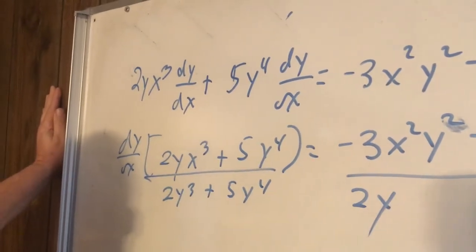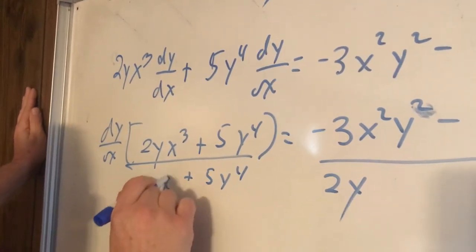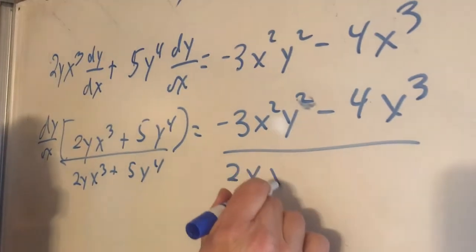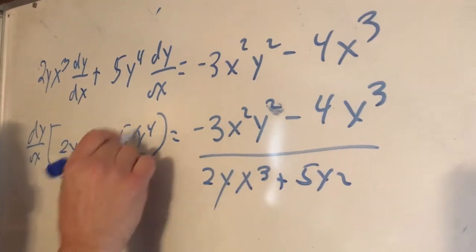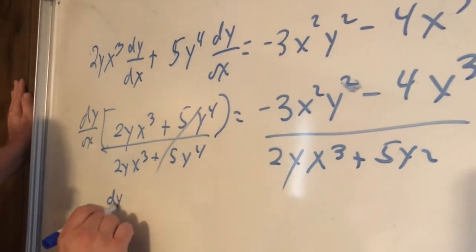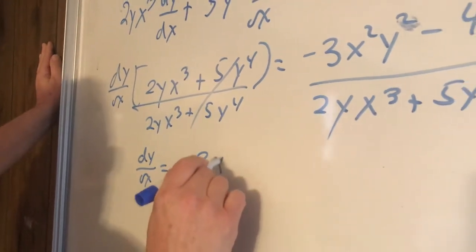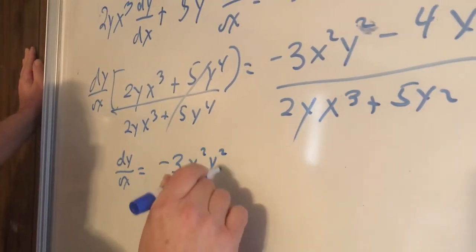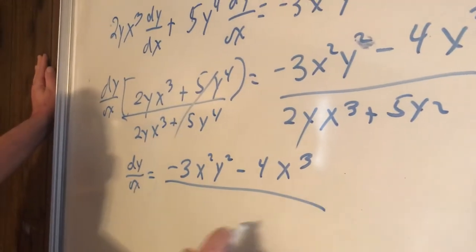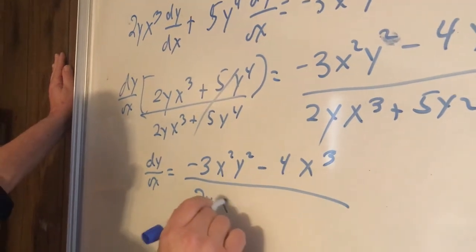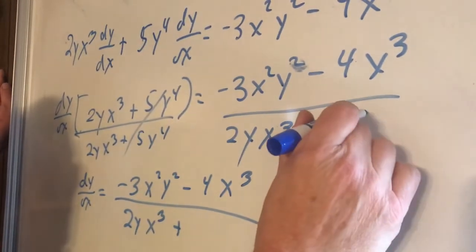So dy/dx equals minus 3x²y² minus 4x³, divided by 2yx³ plus 5y⁴, correct? Yep.